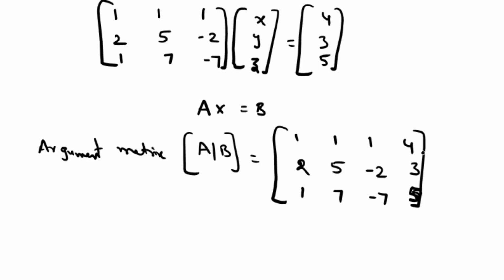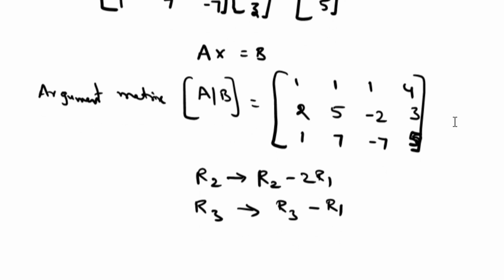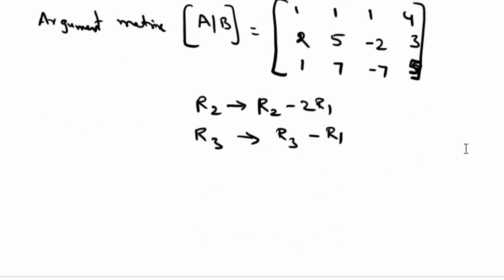To find the rank, we do row transformations: R2 implies R2 minus 2R1 and R3 implies R3 minus R1. By row transformation, we find the values of the new augmented matrix.